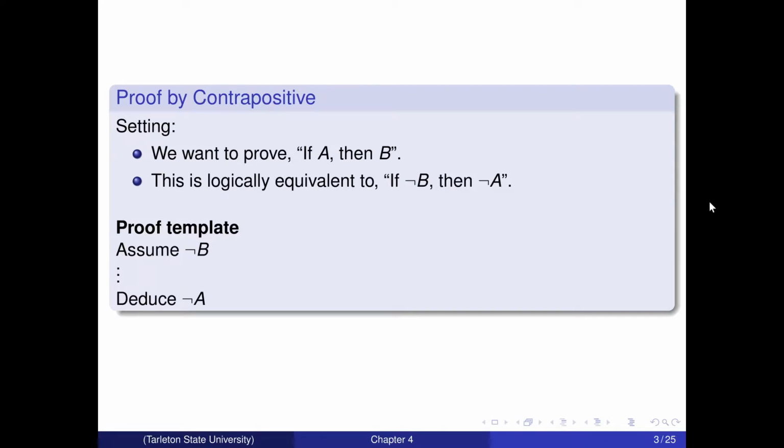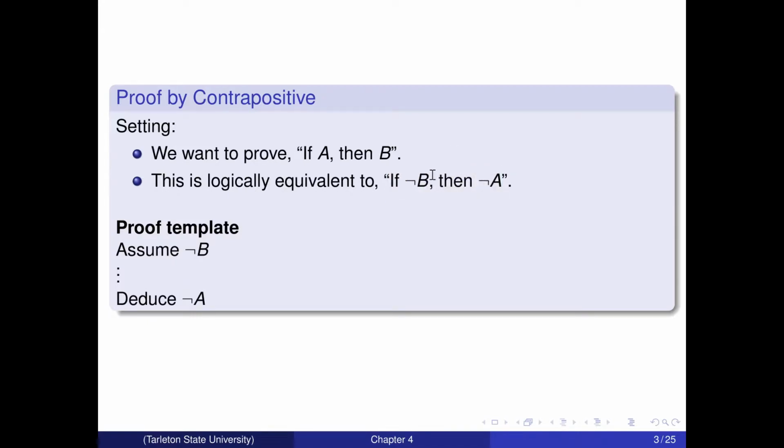This is a proof technique that comes into play when we want to prove a statement of the form if A then B. And this is actually something that's come up pretty recently for us. We had an if then statement, and we recalled from Chapter 1 that an if then statement is equivalent to its contrapositive. A contrapositive, as a reminder, is what happens when we reverse the order of these statements and negate each one of them.